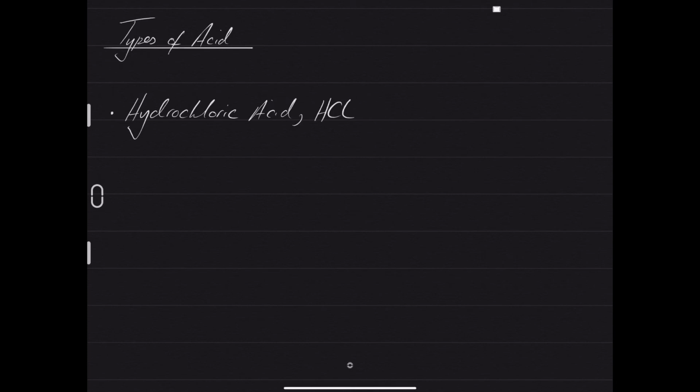Any salt that is formed when you react a metal with hydrochloric acid will always give you chlorides. Now, this is due to the Cl minus ions. Next one is sulfuric acid.